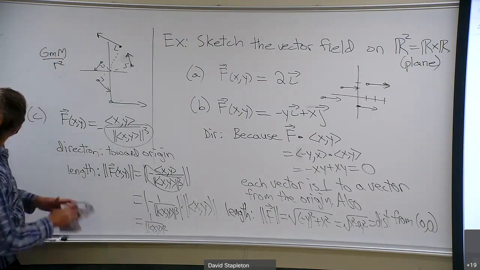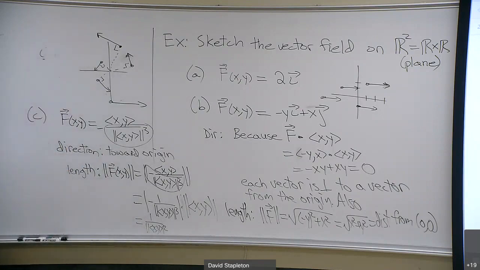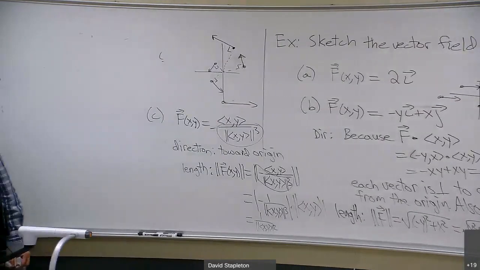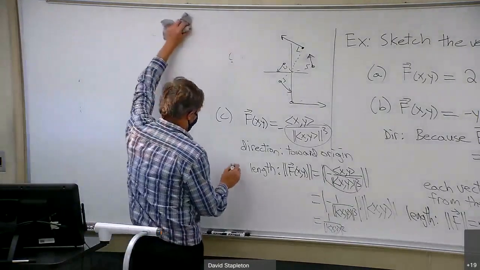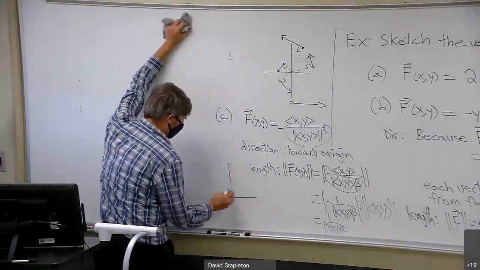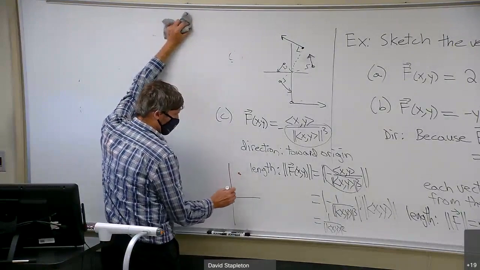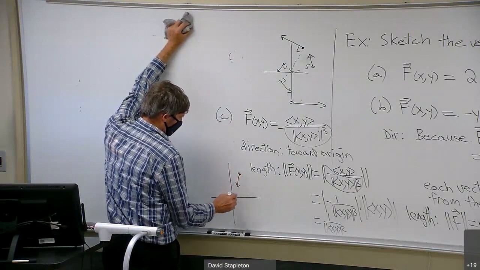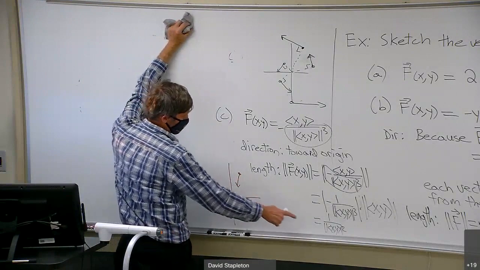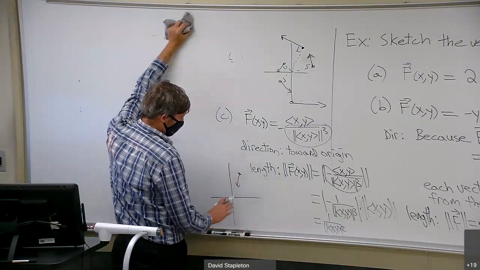So you can sketch something like this. Out here, you sketch a vector that's 1 over the square of the length of this thing.